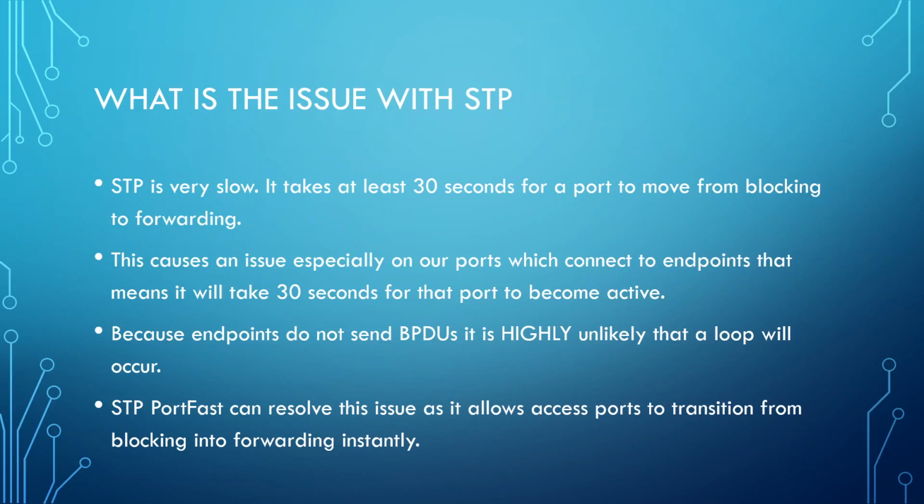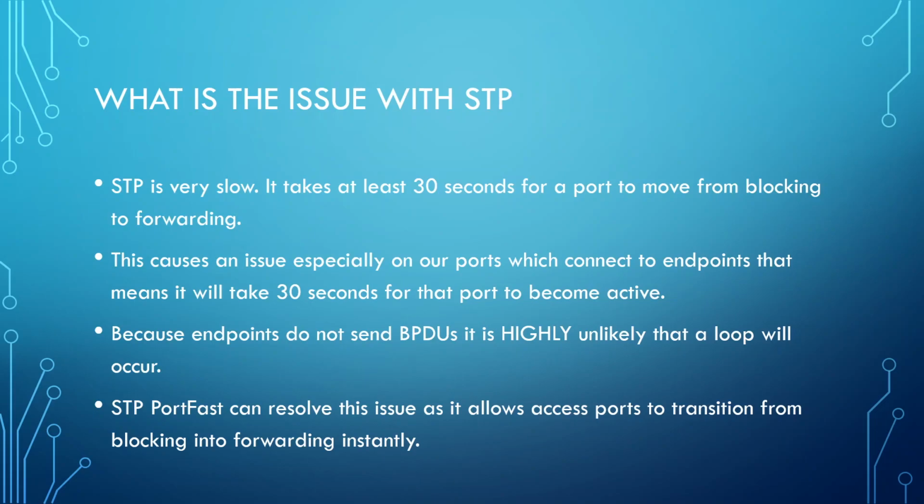That's okay for now, and afterwards it should be stable. But as you can see, if anything changes, a link goes up or a link goes down, that causes a topology change to be sent out. And if a switch needs to move a port from blocking into forwarding, or make a non-designated port into a root port or a designated port, that's going to take a long time.